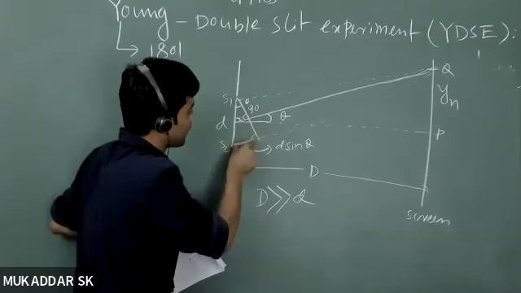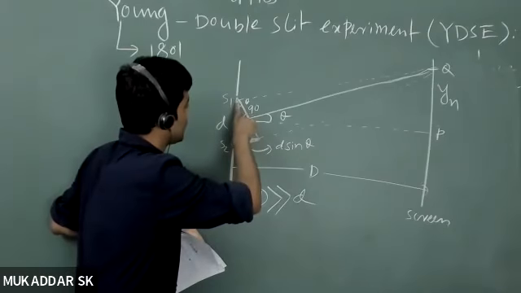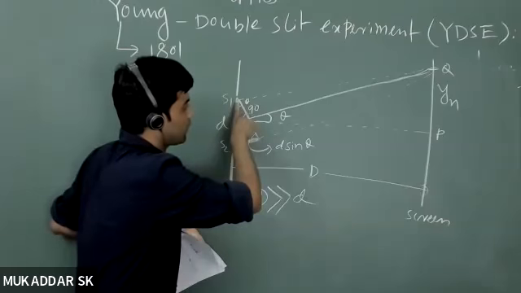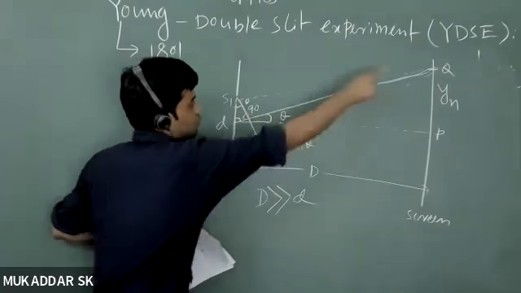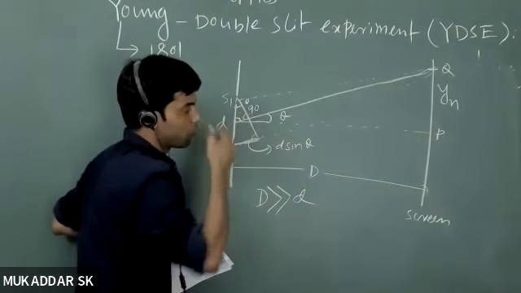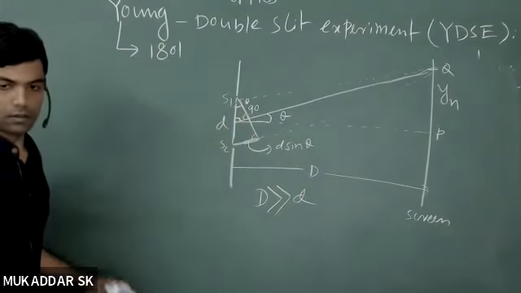Sine theta is perpendicular divided by hypotenuse, so the perpendicular is hypotenuse into sine theta. The hypotenuse here is d. So d into sine theta is the path difference between these two rays, S1Q and S2Q. So you got the path difference, d sine theta. Now is it clear?